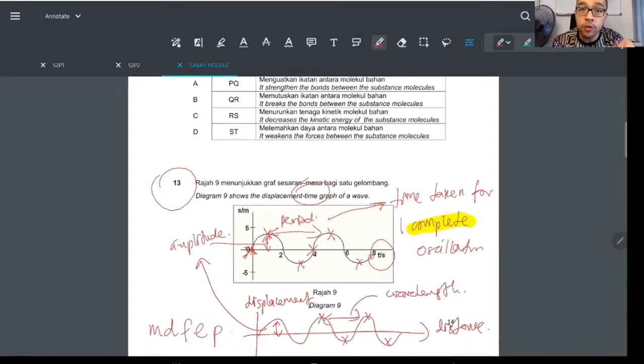So you need to know which graph you're looking at. In this question, they are giving you a displacement time graph, so don't confuse the period and the wavelength. You cannot get the wavelength from the displacement time graph, because the x-axis is time. How can you count length from time? You can count length from a distance graph, but not from a time graph.